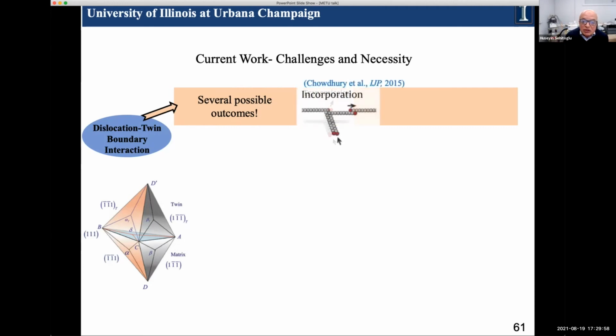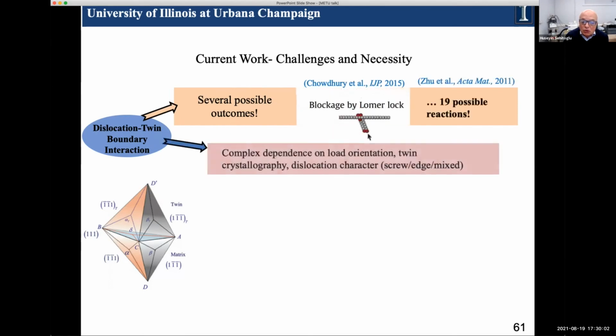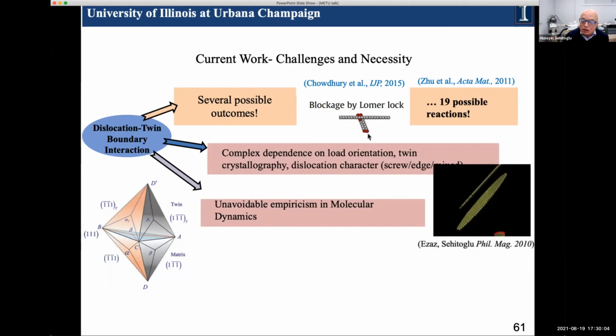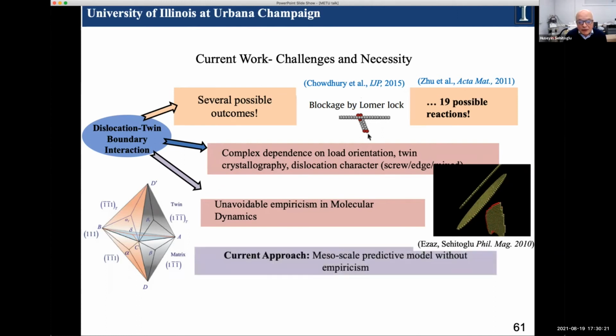So we said, can we do these in an incorporated methodology to account for all these reactions? So there are 19 possible reactions. This is incoming dislocation. This is a twin plane here. You see there's a reaction there and incorporation, and then there's slip penetration through the twin.